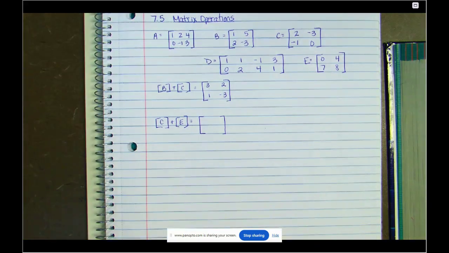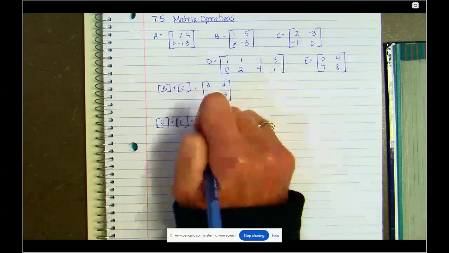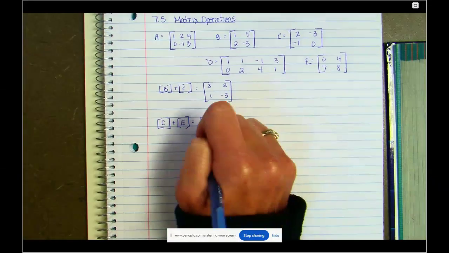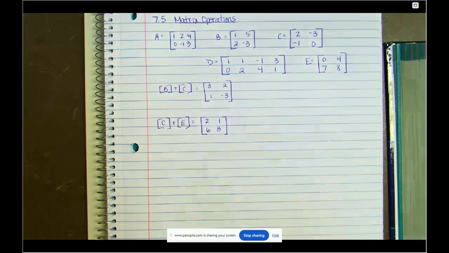What do we got? Top row 2, 1. Bottom row 6, 8. Okay, we're not going to do any more examples of that because it's pretty easy.